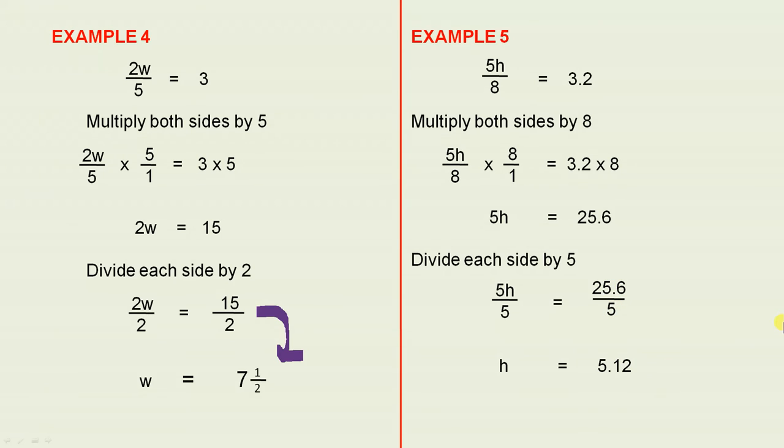So that's the answer. So this video has introduced us to the idea of solving equations where we have either multiplication or division involved. And when we have multiplication involved, we use division to simplify the equation.